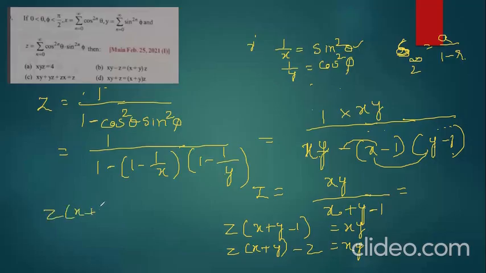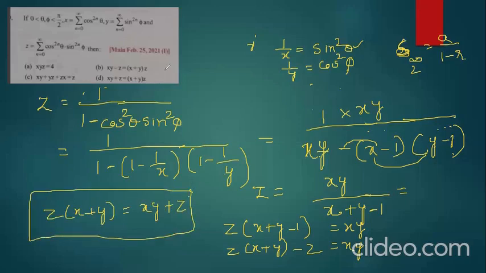I am sending z to that side: z into x plus y is equal to xy plus z. Okay, you see the options, xy plus yz plus zx.